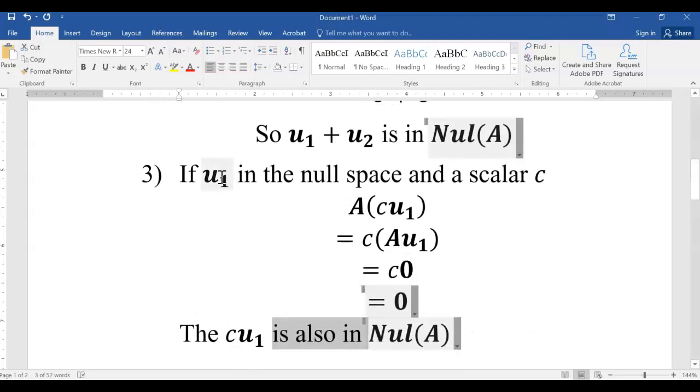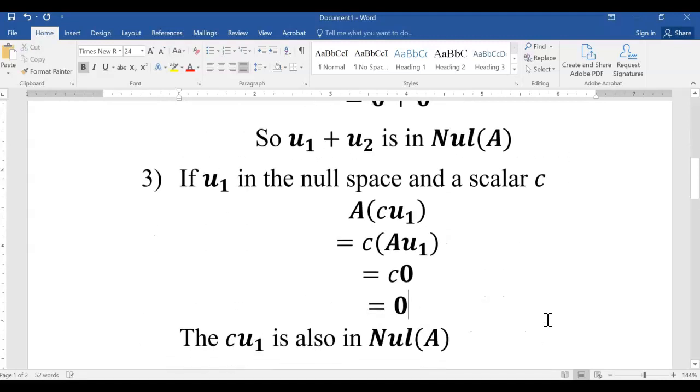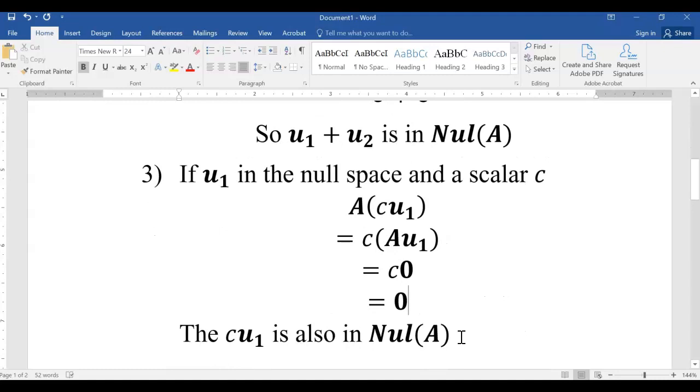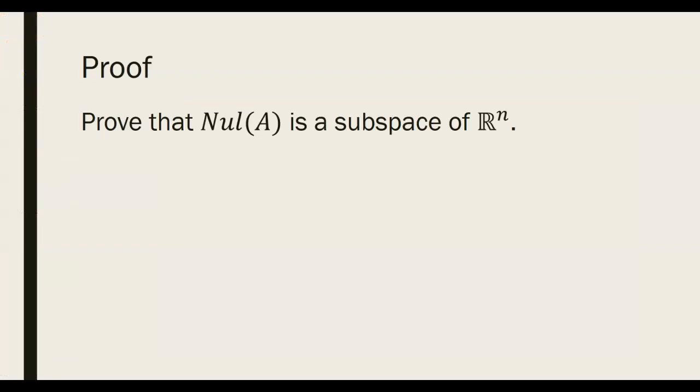And if you have a vector and a scalar, when you take the matrix A and you multiply by scalar times vector, you still get back in the null space. So the null space has the 0 vector, is closed under addition, and is closed under scalar multiplication. So based on those three properties, the null space has to be a subspace of Rn.